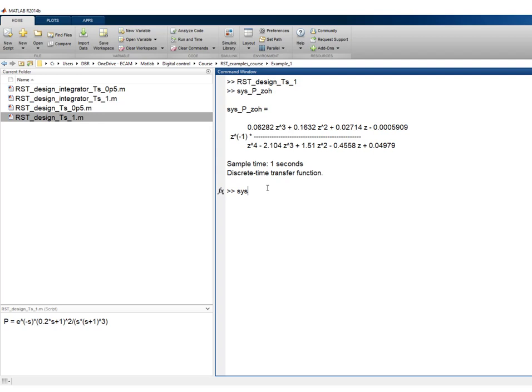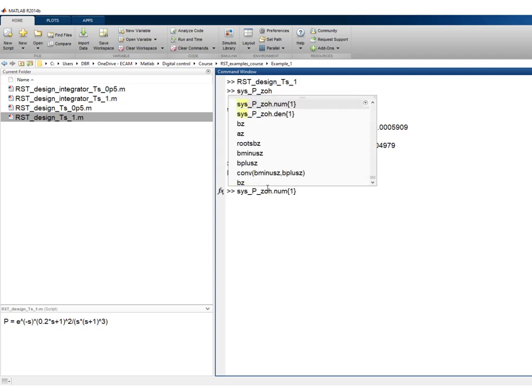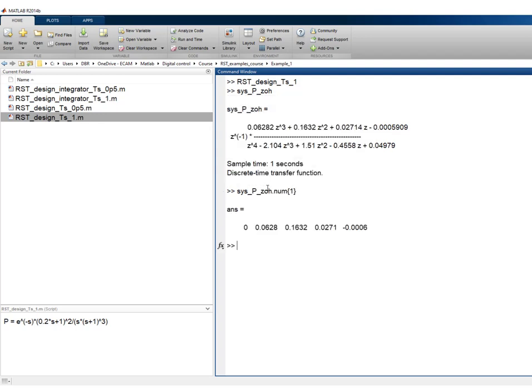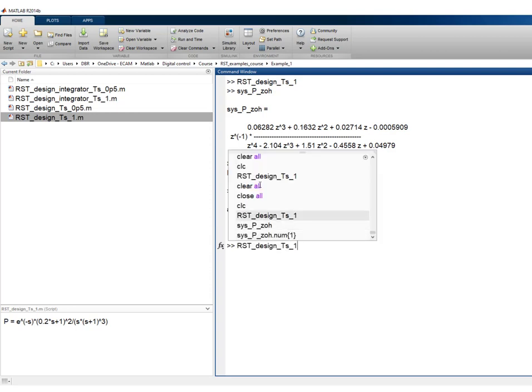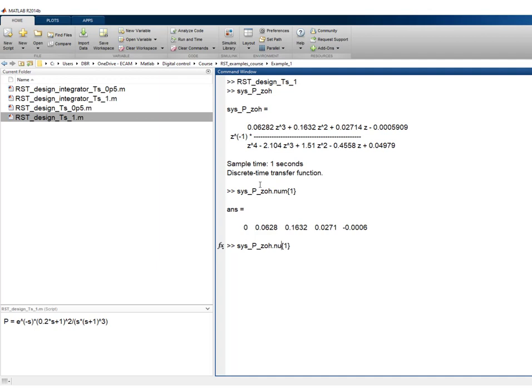If you use this command, you can obtain the numerator, and with this command over here, you obtain the denominator. You can see here that this z minus 1, or 1 over z, has not been taken into account. So it's very important that you take this one over here and put a 0 at the back, so that you have a 5th order polynomial.